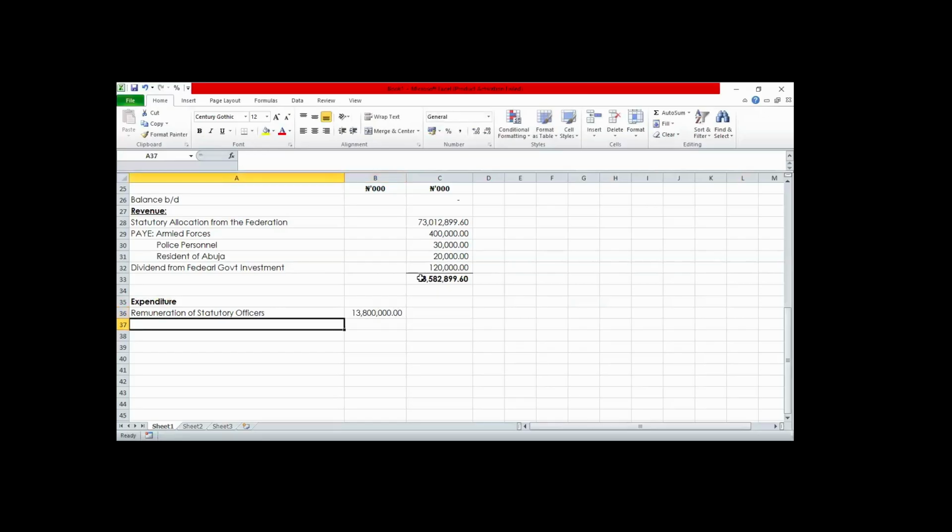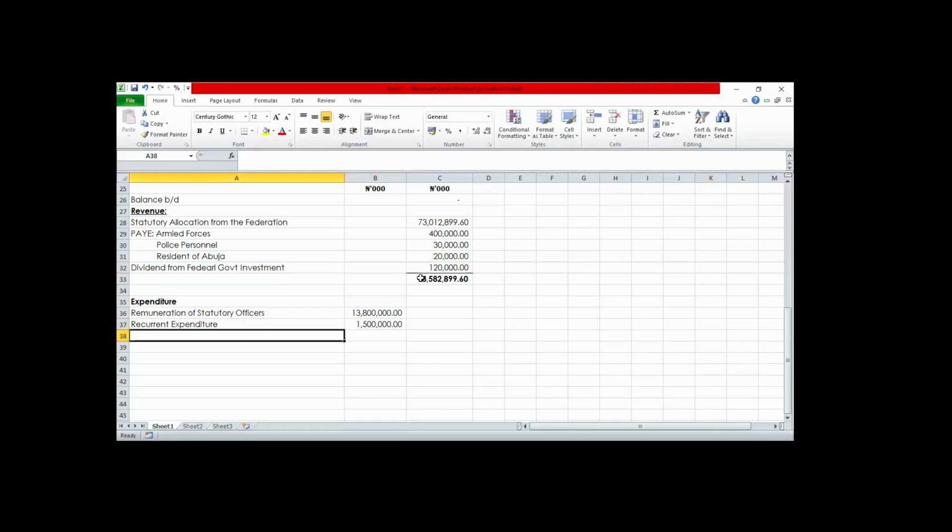The next one? Recurrent expenditure. How much? 1.5 million. The next one?